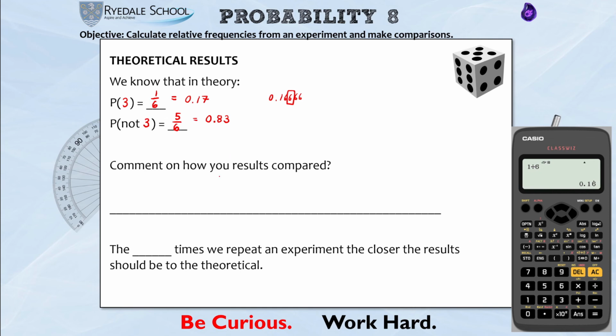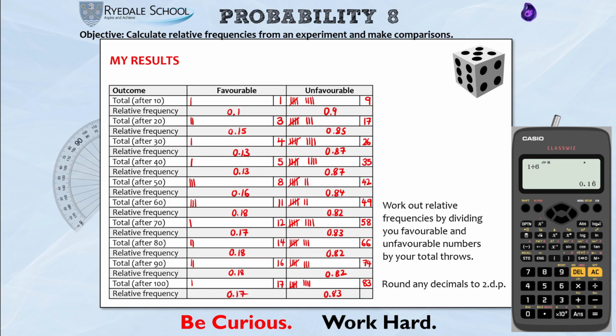Now, how does that compare to my results? Well, I'm just going to go back a few slides and bring up my table of values again. If we look through my table of values, my numbers aren't very close at the start. But by the end, to 2 decimal places after 100 throws, and this might not be exact for you, I just perhaps got a little bit lucky, I've got exactly 0.17 and 0.83.